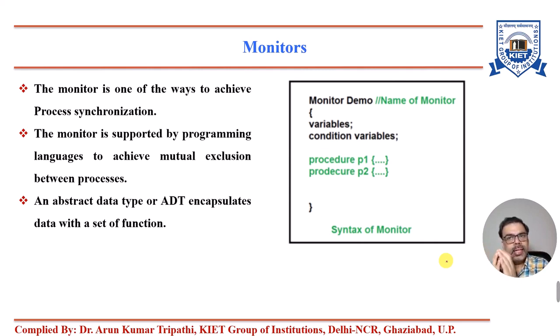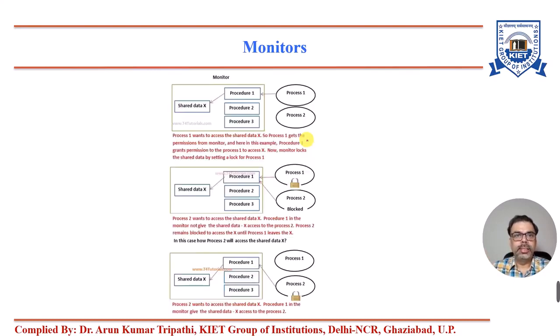If an outsider wants to access these, it should first go through the procedure, and only then will it be allowed to access the local variables. The monitor is one way to achieve process synchronization. The monitor is supported by programming languages to achieve mutual exclusion. It is an abstract data type, which means it hides the variables inside the class or the monitor itself.